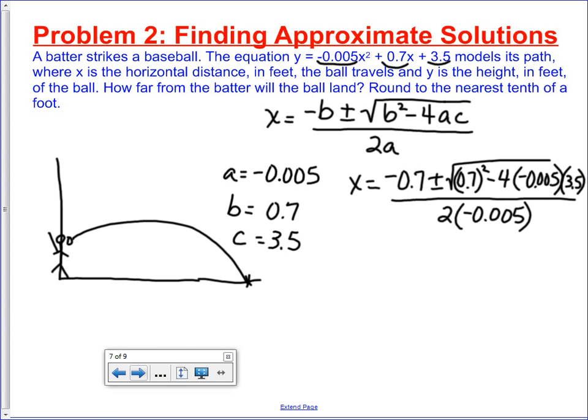All right, now let's start evaluating. I've got negative 7/10 plus or minus the square root. 7/10 squared would be 0.49. Negative 4 times negative 0.005, or negative 5/1000, would be a positive 2/100. And you may want to take your calculator.